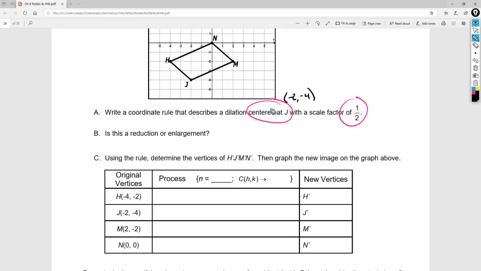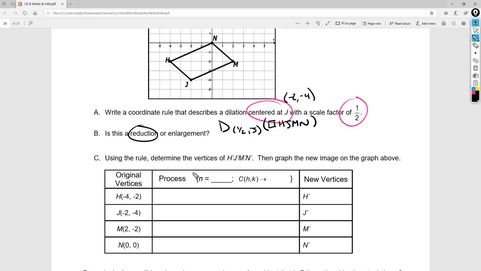Right, so that's going to be an important point for us. And they want us to write a coordinate rule, so I'm going to start with a D for dilation. I know that my scale factor is 1/2, my center is J, and I'm dilating quadrilateral HJMN. Okay, this is a reduction because my scale factor is between 0 and 1.